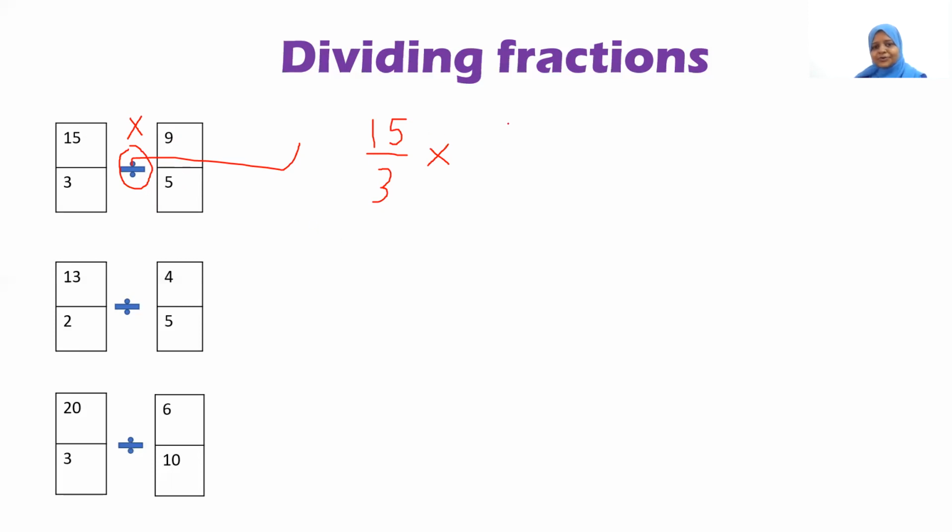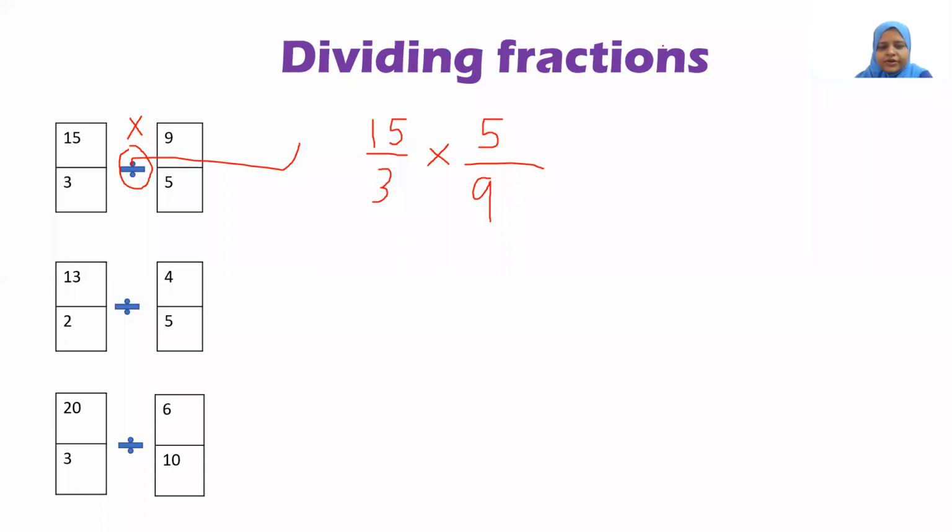Reciprocal means the number which was the denominator becomes the numerator, and the number which was the numerator becomes the denominator. That is what is called reciprocaling. Okay, clear?